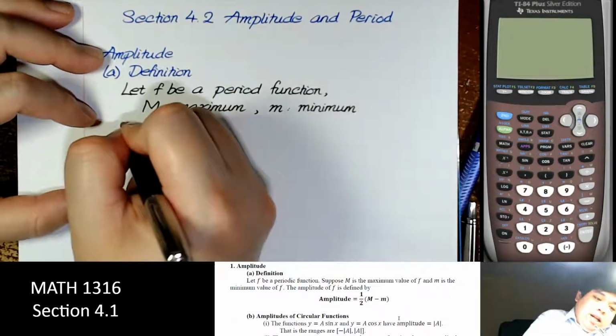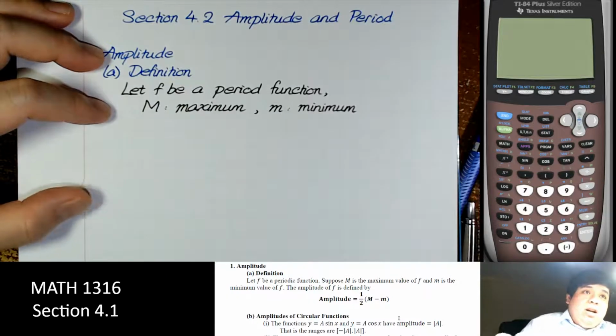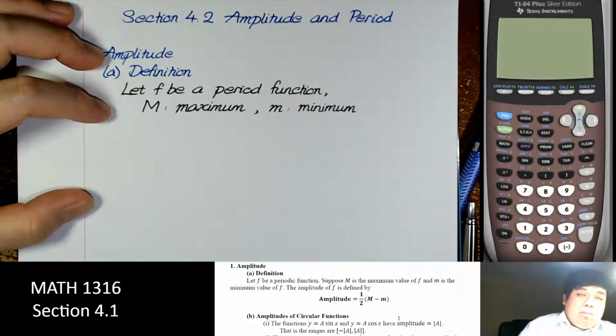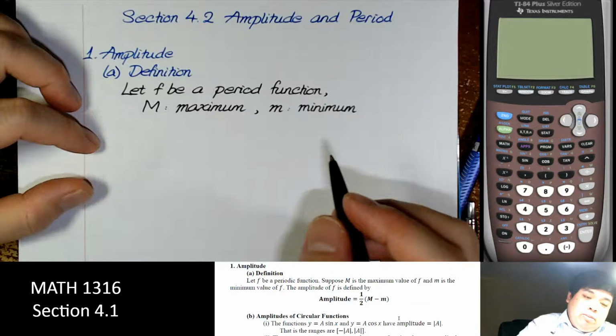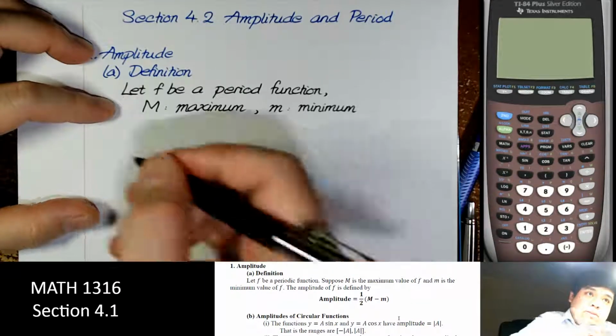And after that, the amplitude is defined as the average of the difference of the maximum and the minimum.